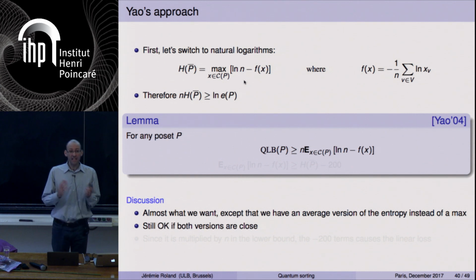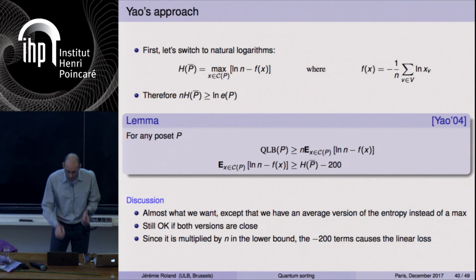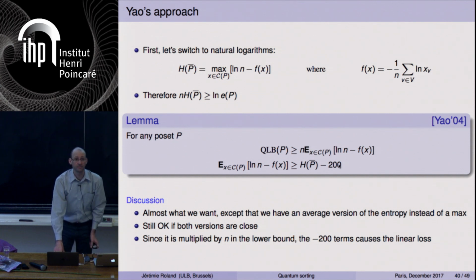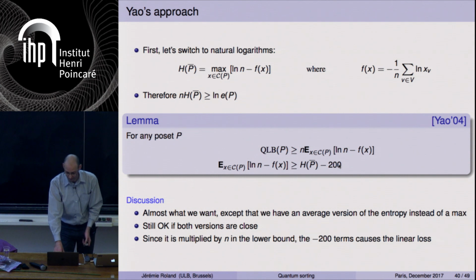It would be okay if the expectation is close to the maximum. In that case, we will get the same bound. But the only thing he could prove is that the expectation is at least the entropy minus a constant, a large constant. And in the bound, everything is multiplied by n, so you get this linear loss that he had. So unfortunately, it's not good enough.